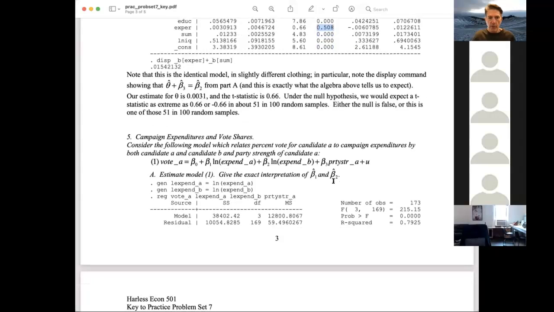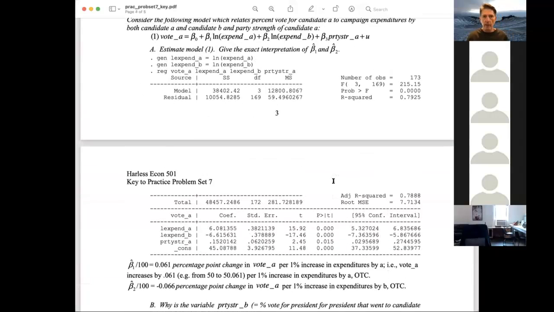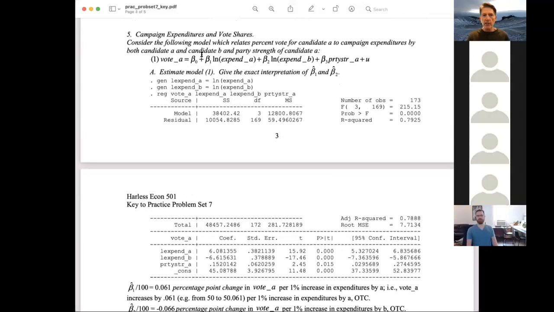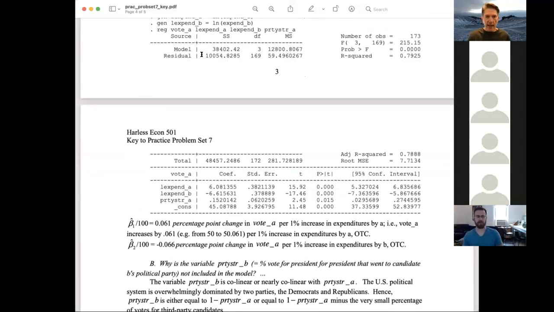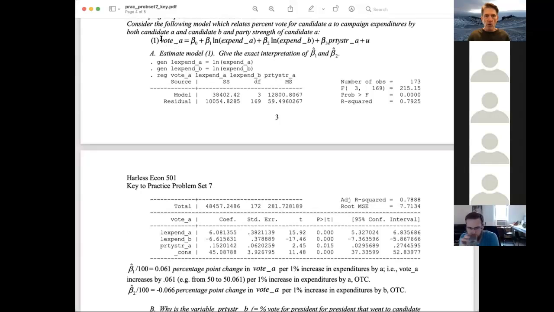And finally, we have this campaign expenditures and the vote share. Remember that the vote is a percentage, and that we've got vote on the left-hand side, and we've got logs on the right-hand side. That means we've got to interpret these by dividing by 100.